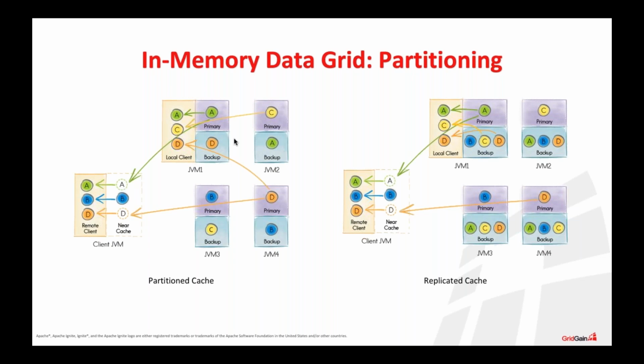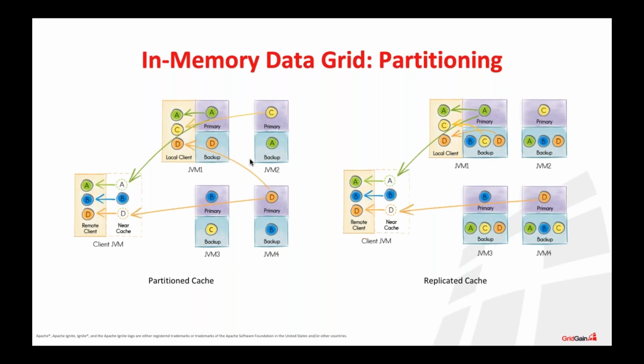And this is needed just for the scenarios if this node JVM1 goes down, but your applications will not be affected because there will be JVM2 that has a copy of key A, and all the queries that are related to key A value will be directed to JVM2.